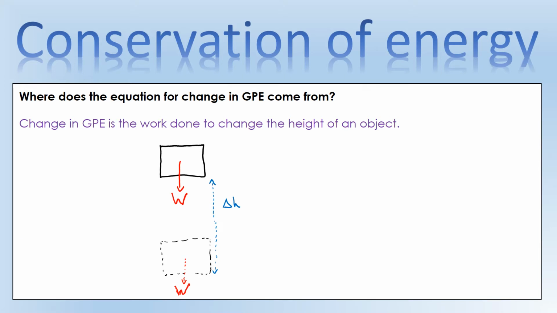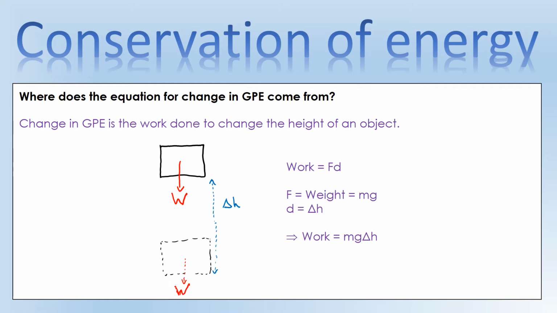Remember that work is force times distance. The force in this case is the weight force of the object, which is the mass times gravitational field strength. The distance is the change in height, because that's the distance in the direction of the force. So we can see that the work done would be mgΔh.